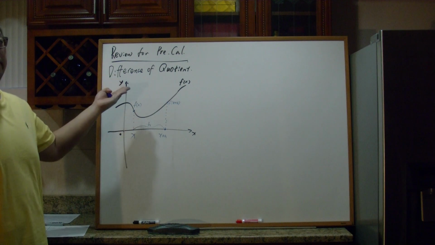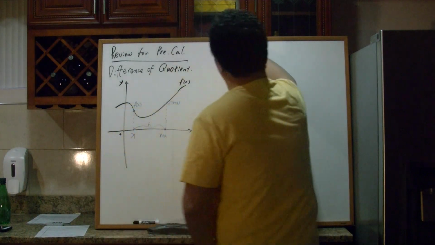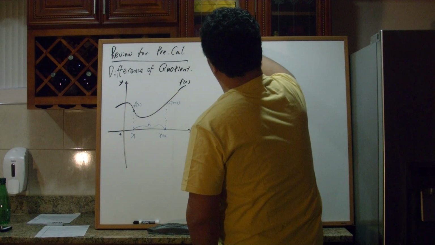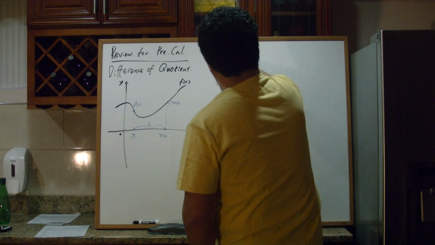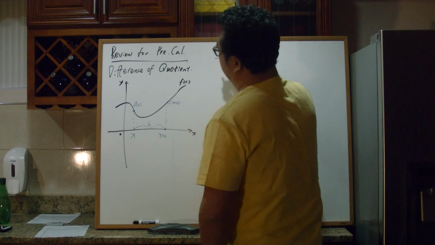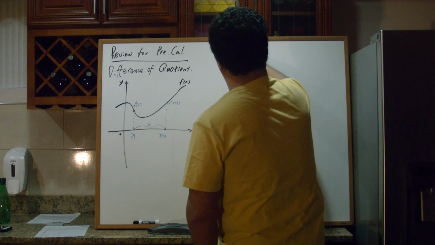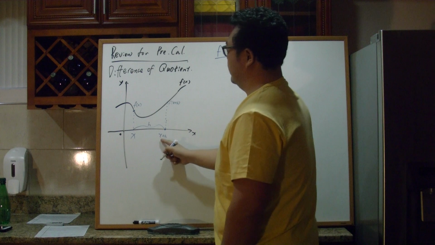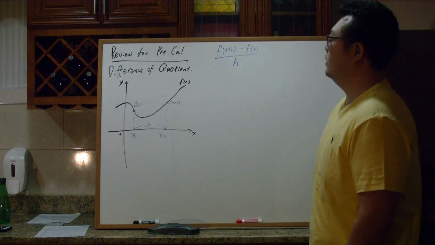Then what we have learned from precalculus was that the difference quotient is the difference of our y values, divided by the difference of our x values, which is x plus h minus x. That is the h here.